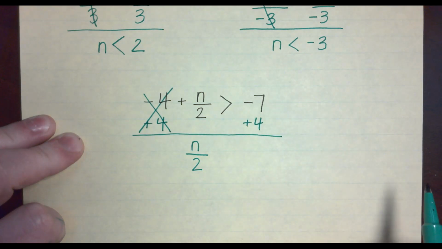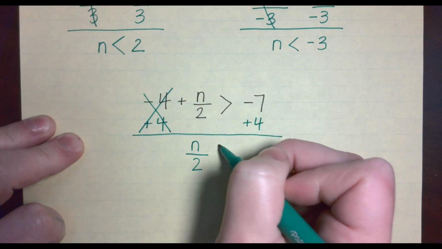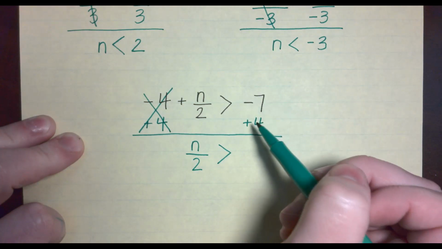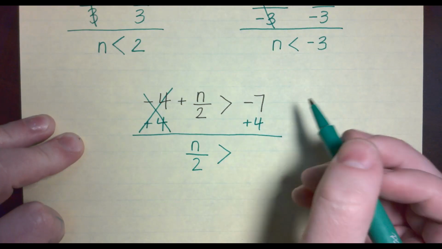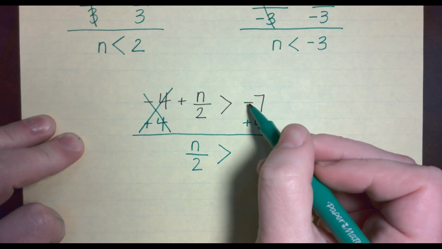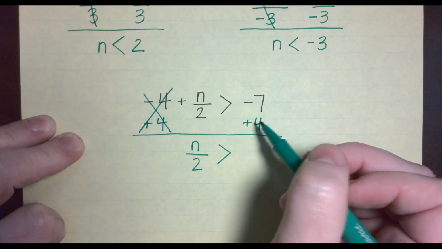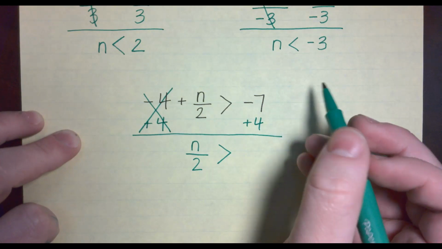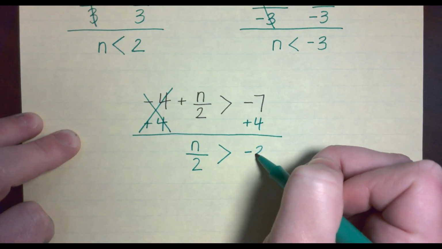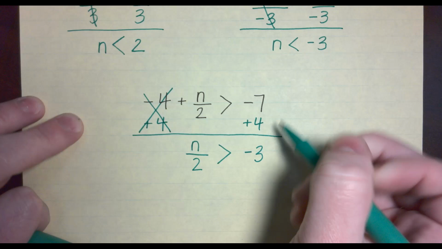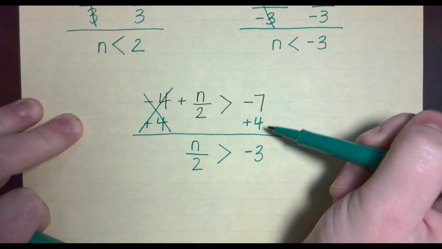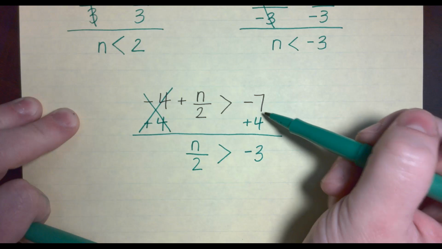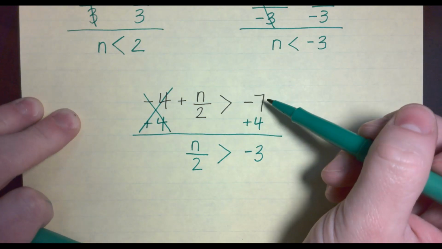What else do I bring down? Greater than. And now I have -7 plus 4. What's that? 11? Not quite. We have a -7 and we're adding a positive number. Then -3. Yes, it's -3. So remember, guys, anytime we're adding and there's a negative involved, we could also think of this as 4 minus 7.